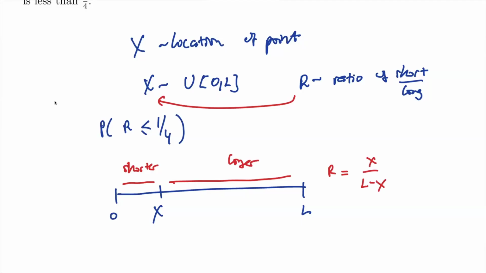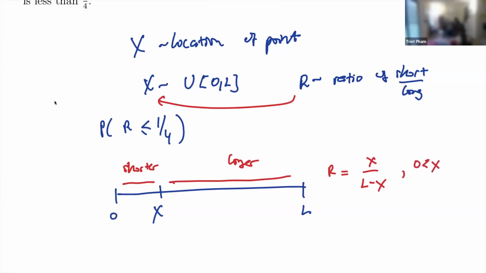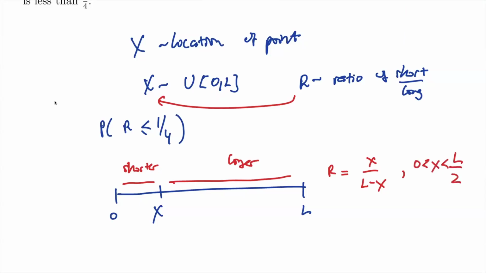If it's past the 0.5 mark, then it wouldn't be true. So where is it true? For X between 0 and 0.5. Not 0.5, but L over 2. Right, we have L here instead of 1.